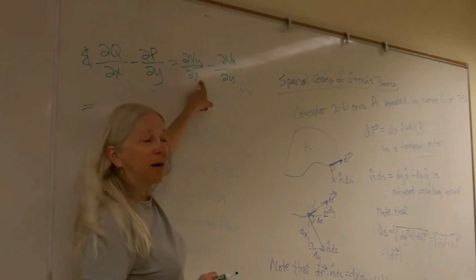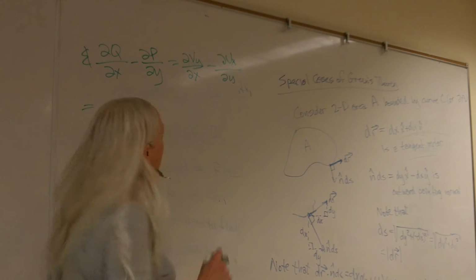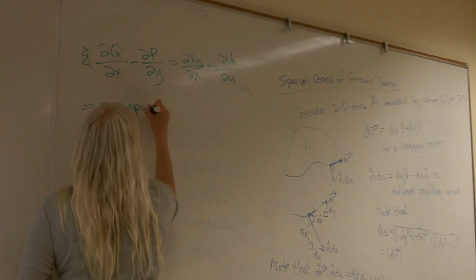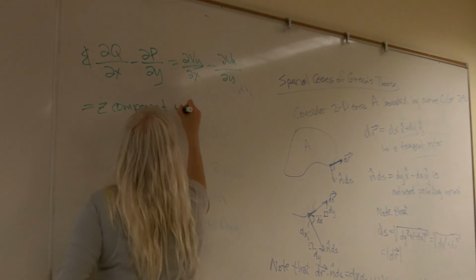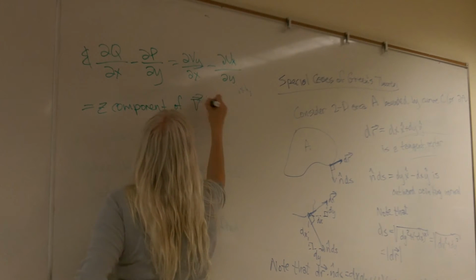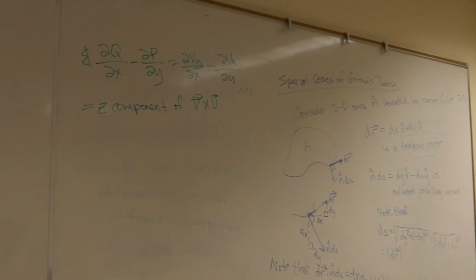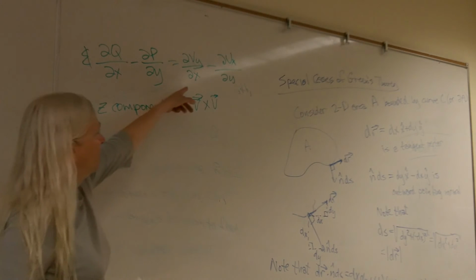Well, this looks like part of the curl of v, right? In particular, this looks like the z component of the curl of v.